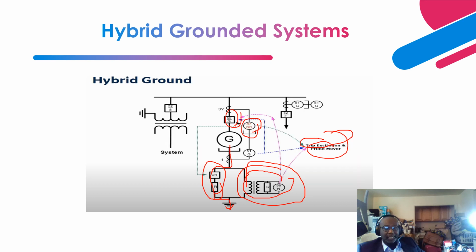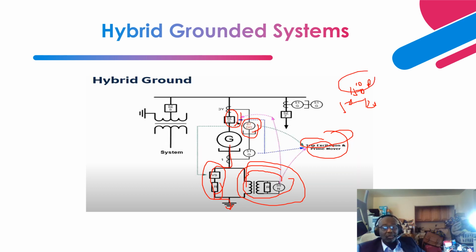Then it comes into play and limits the ground fault to the required 5 amps to 25 amps, or let's say 15 amps or 10 amps, to achieve that selectivity.